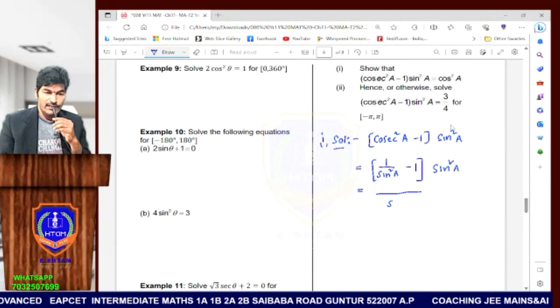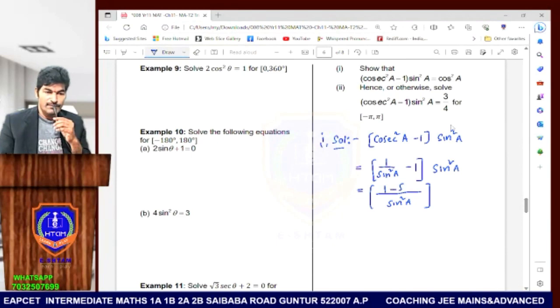Sine square A is the LCM. Take the brackets in the same pattern, and here it will be 1 minus sine square A, multiplied by sine square A.